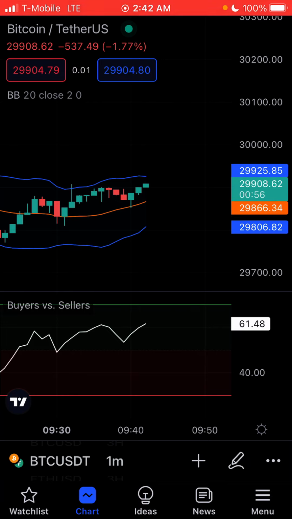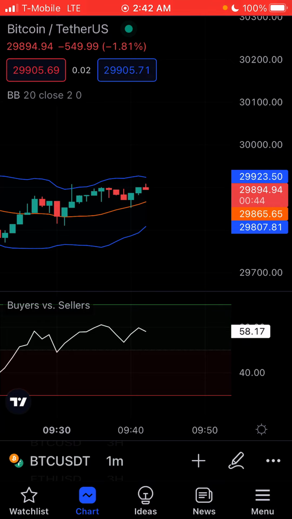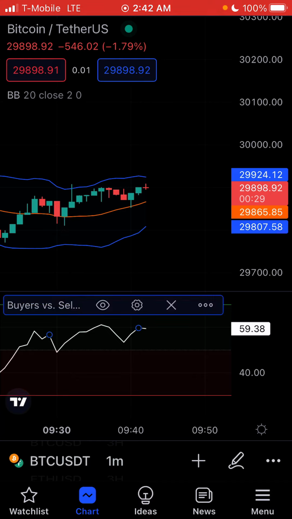You'll see that the white line is moving. For this very minute that I'm talking, you'll see that it's moving towards the top in the green. Now it's going down, but you get the good idea. This is good if you want to do swing trades, things like that. But anyway, that's buyers versus sellers.